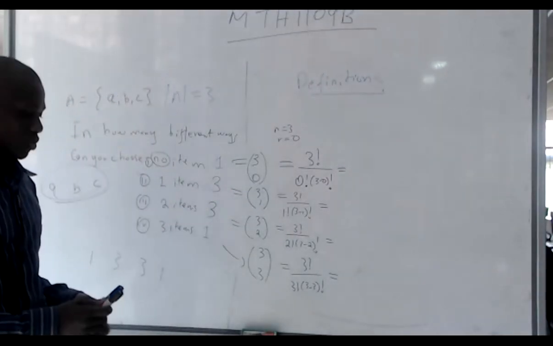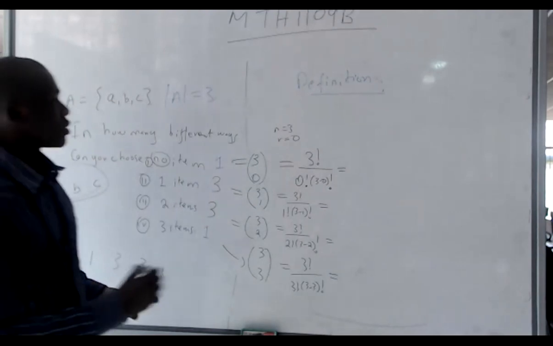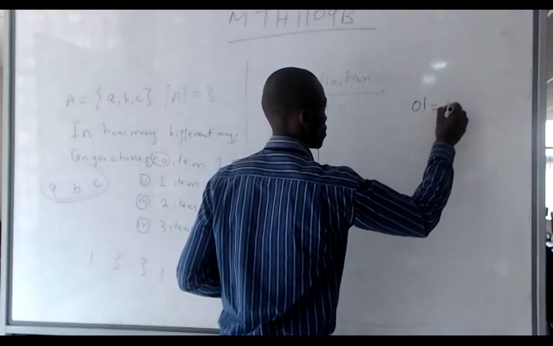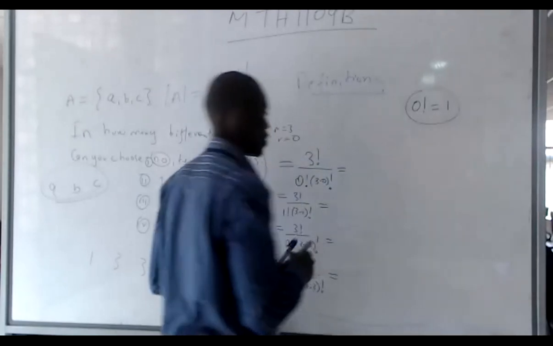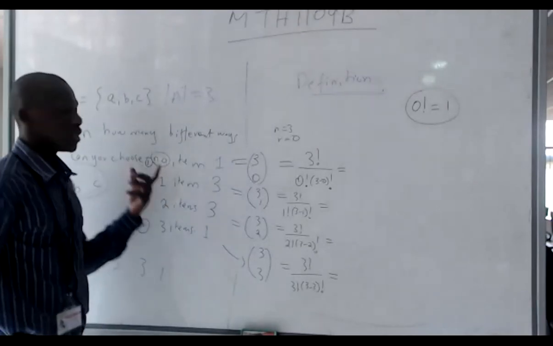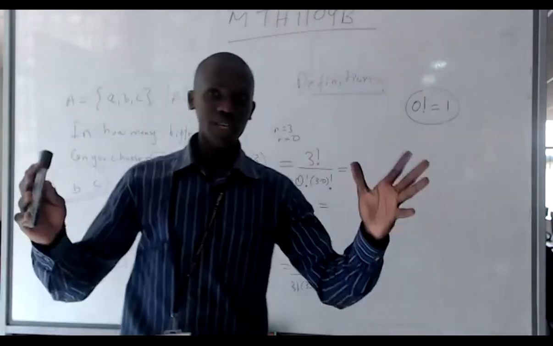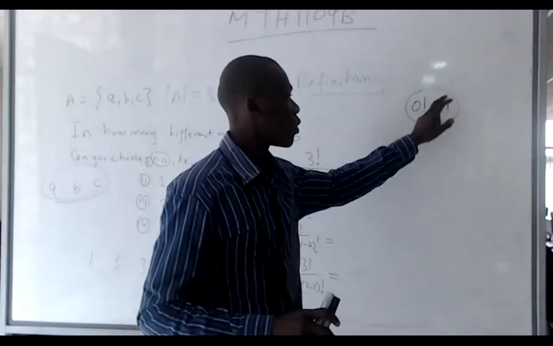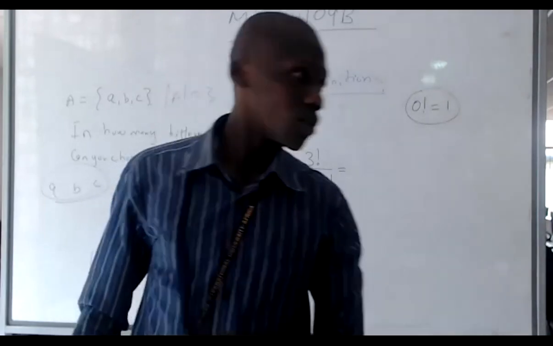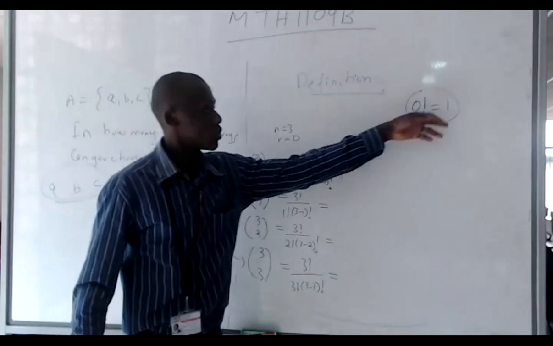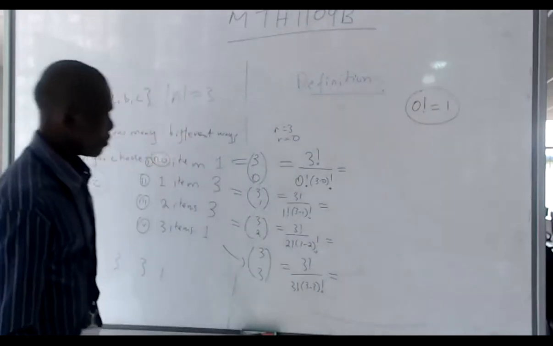Take it as a definition: 0 factorial is 1. One way to explain it is that, given a finite set, the only way you can reject everything is 1, choosing 0 items. But there is a rigorous mathematical way of proving that 0 factorial is 1.